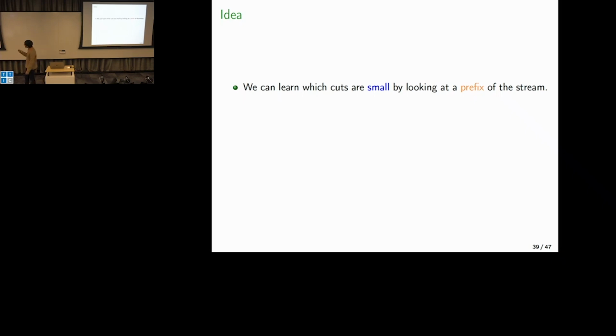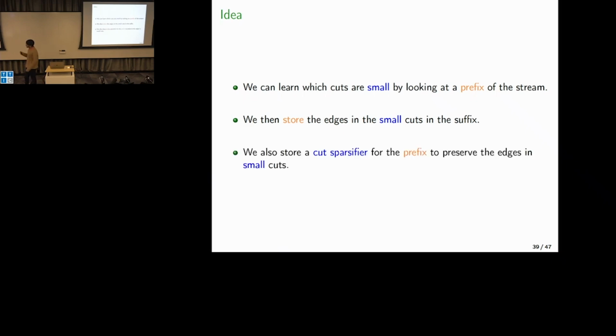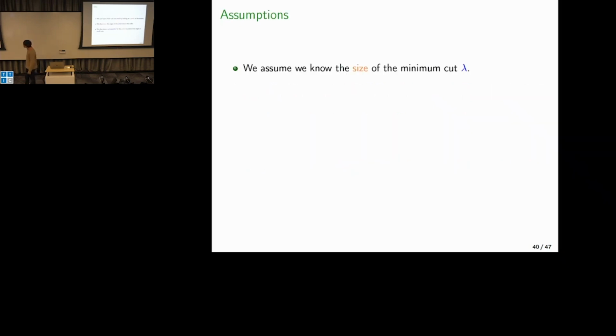And so in the remaining part of the stream, in the suffix, I can focus on the small cuts and store all the edges that belong to small cuts. For the prefix, I might have lost information about what all the small cuts are, so what I can do is store a cut sparsifier to not lose this information. Okay, so this is the rough idea, and let me go into this in a little more detail.